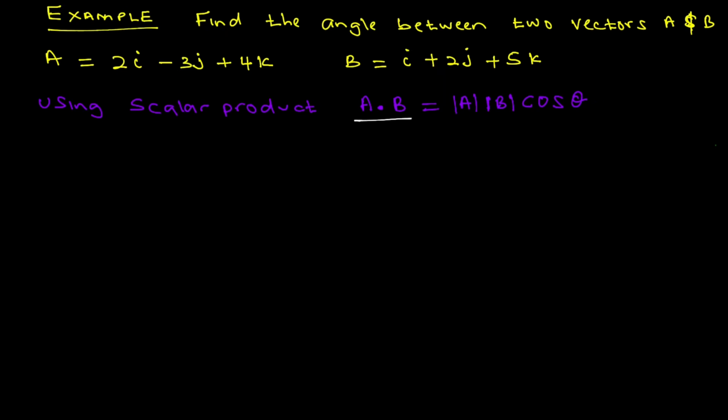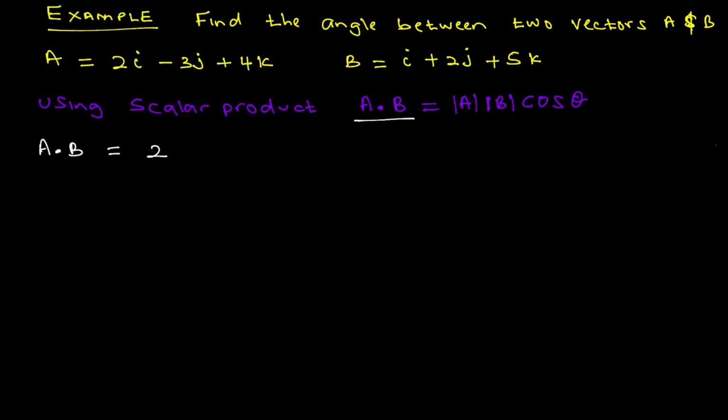Now we can find A dot B, because we can only do i times i. So we do 2i times 1i, and that would just be 2, because i times i is 1.